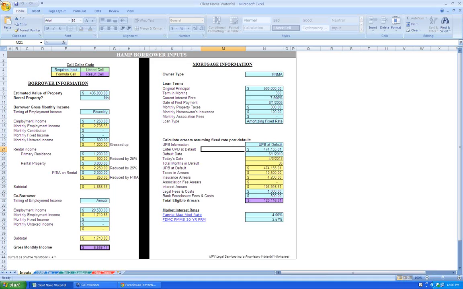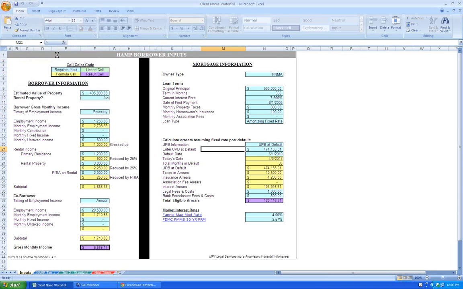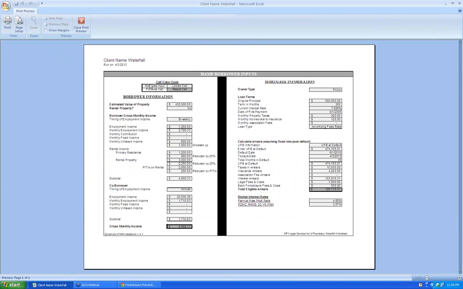And second of all, when you go to print it out, the client name will display prominently. I'm going to show a print preview. So now this way, if you print it out and you have a hard copy, you know what client name it is, and you have the date that you ran it, so you know if it's up to date or if you need to rerun it.